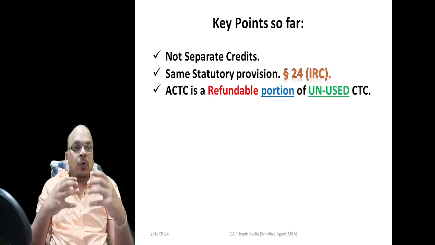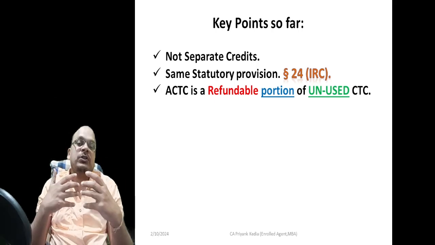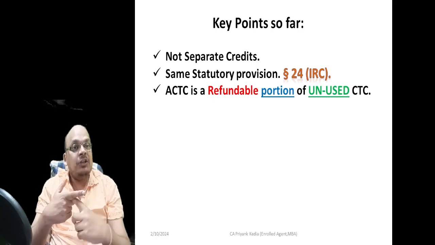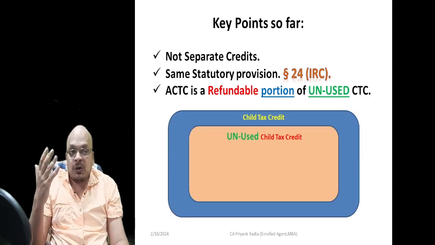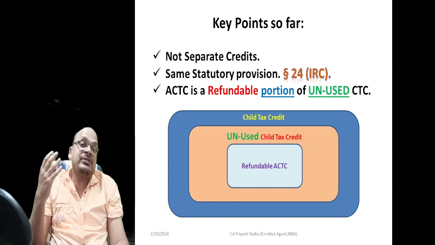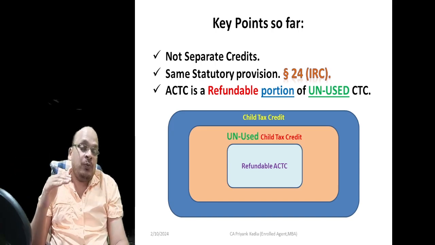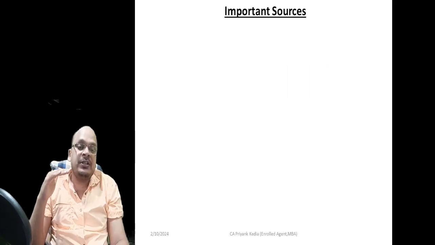These three words hold the whole meaning for the ACTC. Refundable, it's a portion, and it is of the unused portion of the child tax credit, right? So if this is a child tax credit, this will be your unused child tax credit, and this can be your refundable ACTC, right? So here we end with the theoretical or the statutory provisions of these two credits.